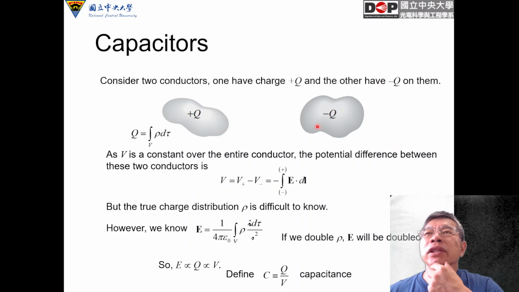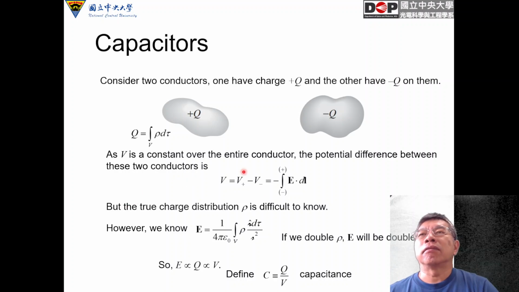So the potential difference can be written down something like this. That's the potential difference.